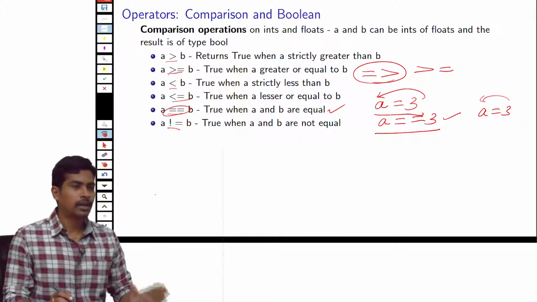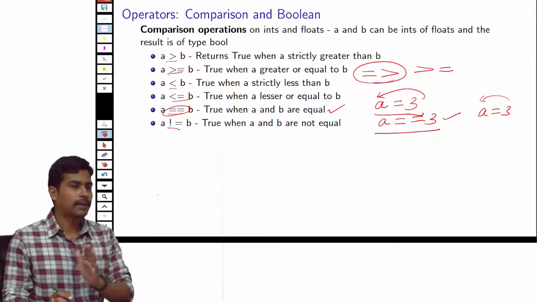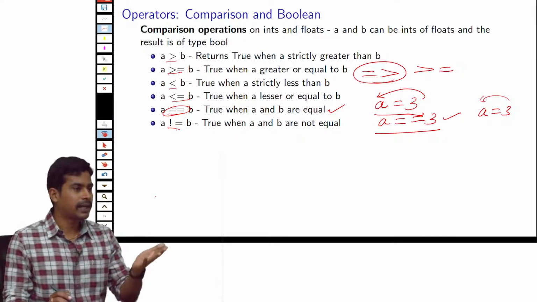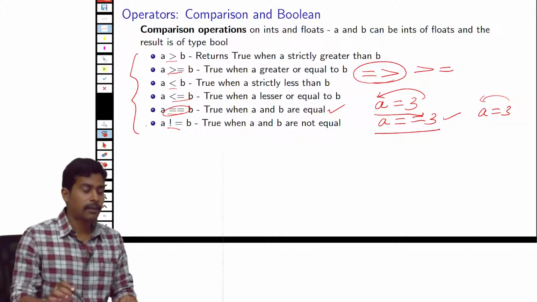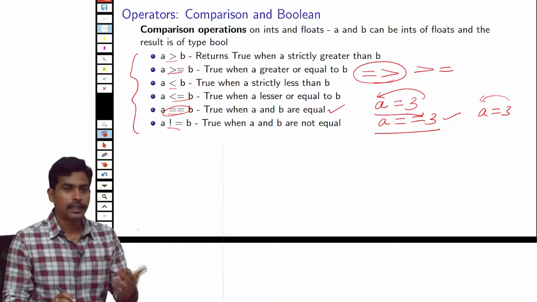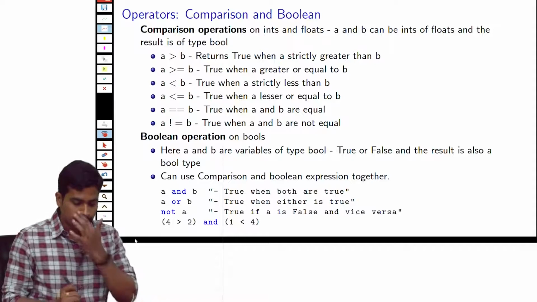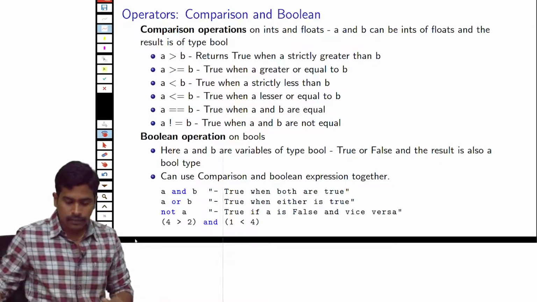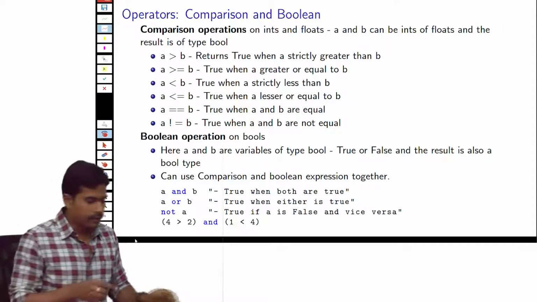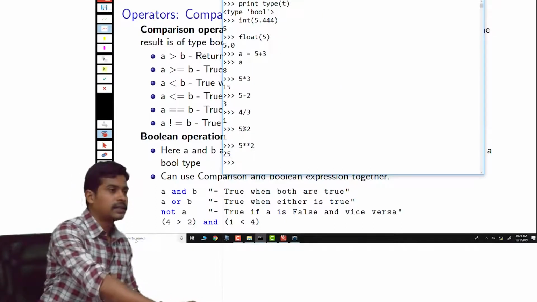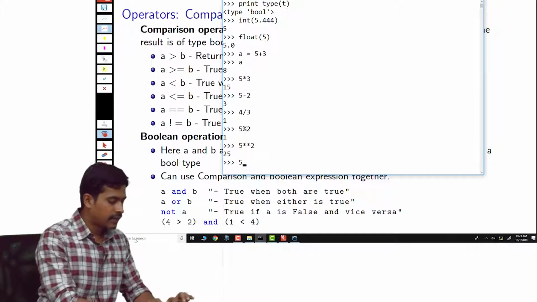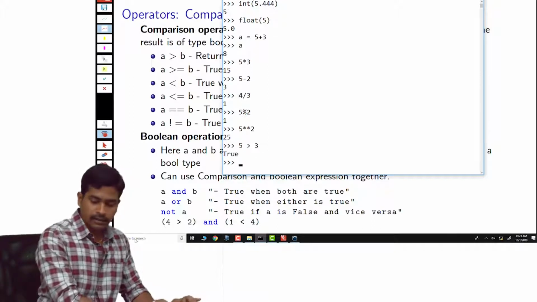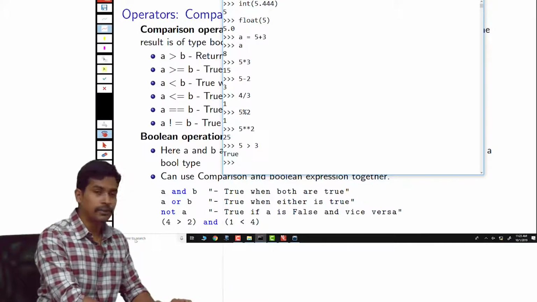When you are comparing 2 things, the outcome can be either true or false, it cannot be integer or float. So for all these comparison operations, the output can be either true or false. We will just try out some of these comparison operations in the Python shell. We can say 5 is greater than 3, which is true, and we got the outcome true.